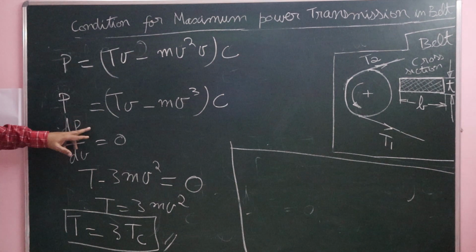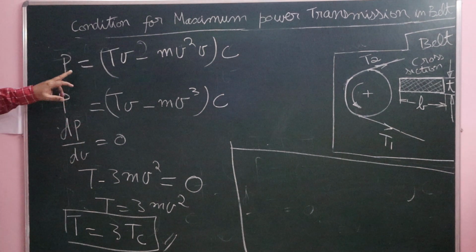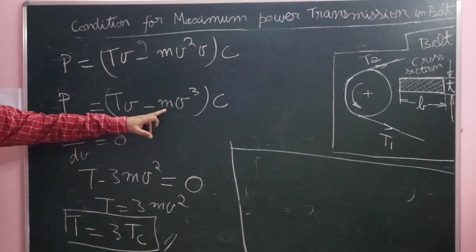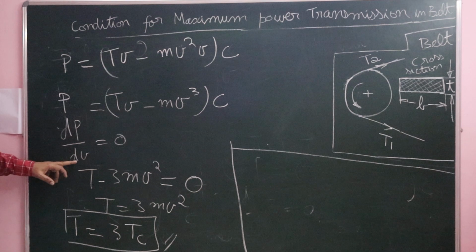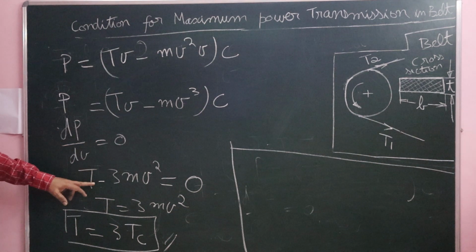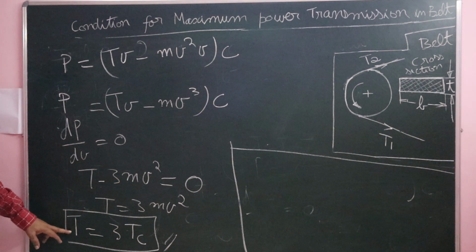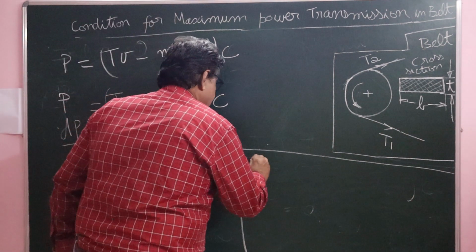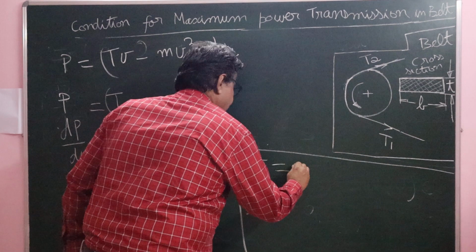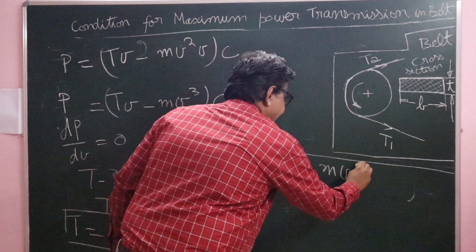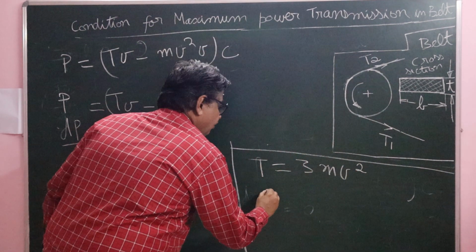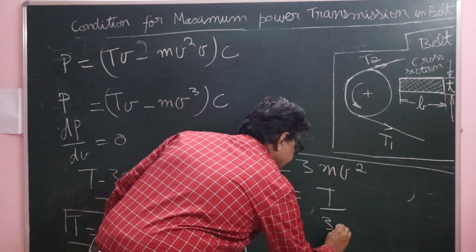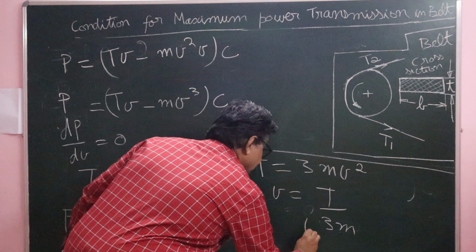For maximum power transmission, dP by dV equal to 0. P is equal to TV minus m v cube, into C. So it becomes T minus 3 m v square equal to 0. T is equal to 3 m v square. Therefore, V is equal to square root of T by 3m.